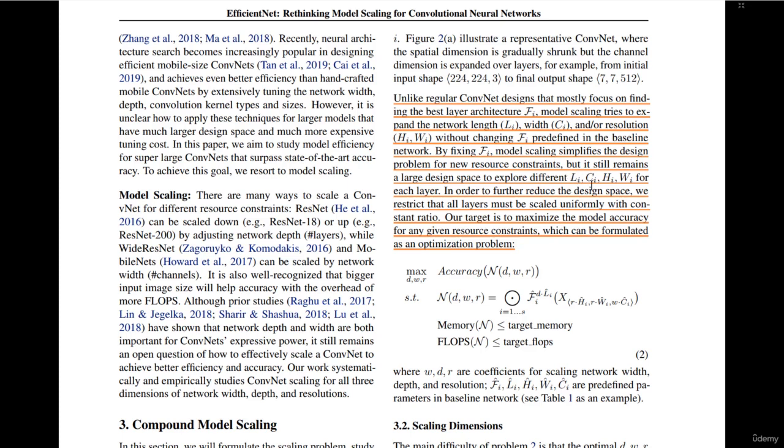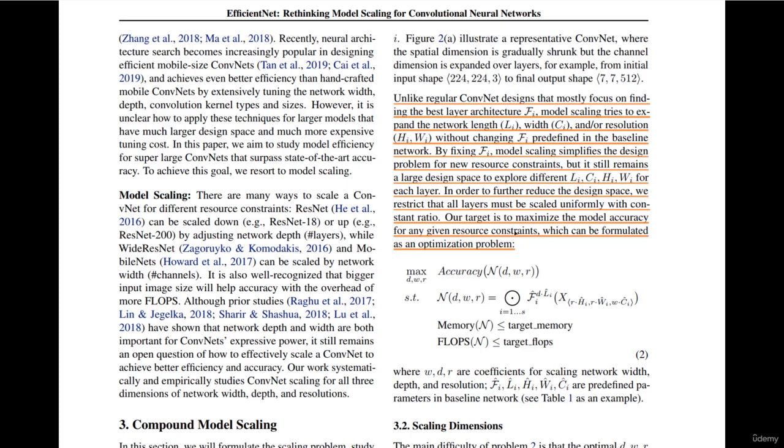The C right here is the width of the model. And then H and W are the height and width of the input image or data, which is the resolution. Then in order to further reduce the design space, we restrict that all layers must be scaled uniformly with constant ratio.